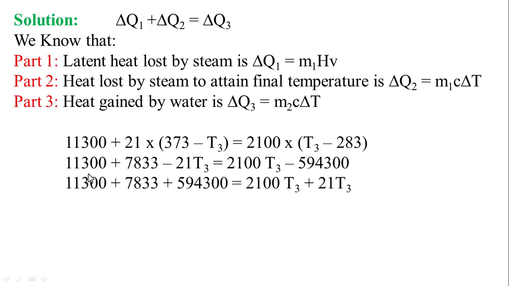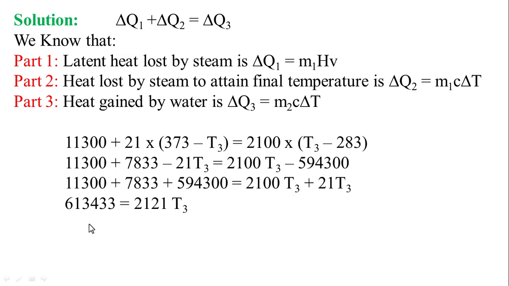Now adding the values, 11,300 plus 7,833 plus 594,300 is equal to 2100 T3 plus 21 T3. So the answer is 613,433 is equal to 2121 T3.